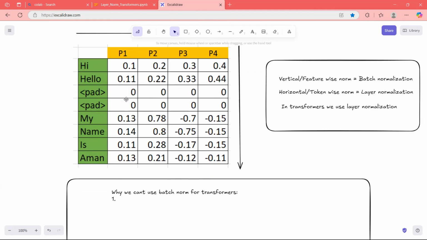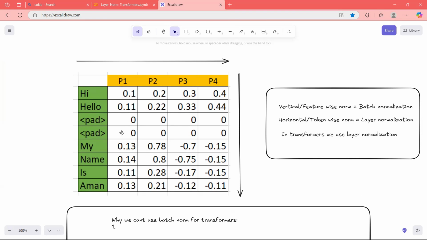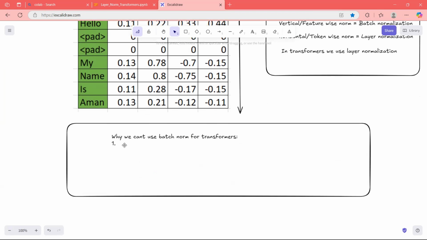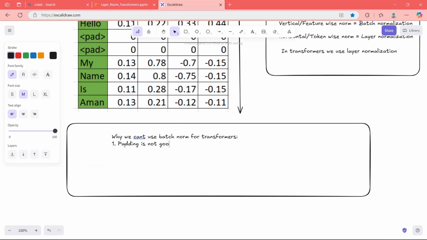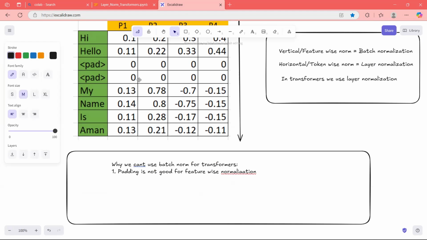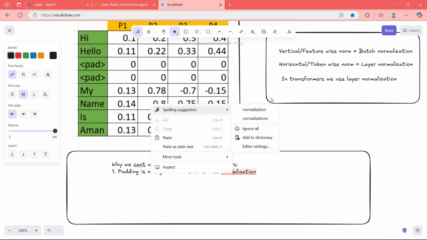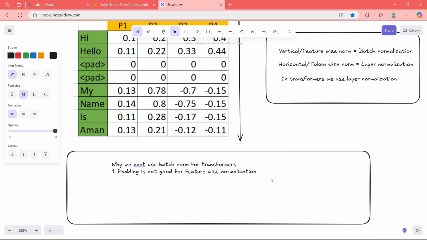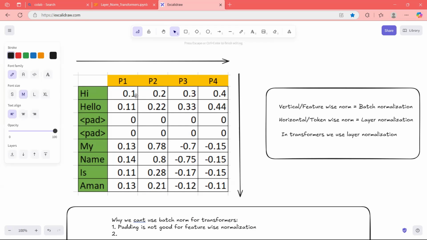So if you are adding zeros, there is no meaning of normalizing across them, because padding is not good for feature wise normalization. Obviously, because this is a mathematical computation and you are unnecessarily adding zeros in this, the system does not like that. So zero padding is one reason why vertical normalization is not recommended in transformers.